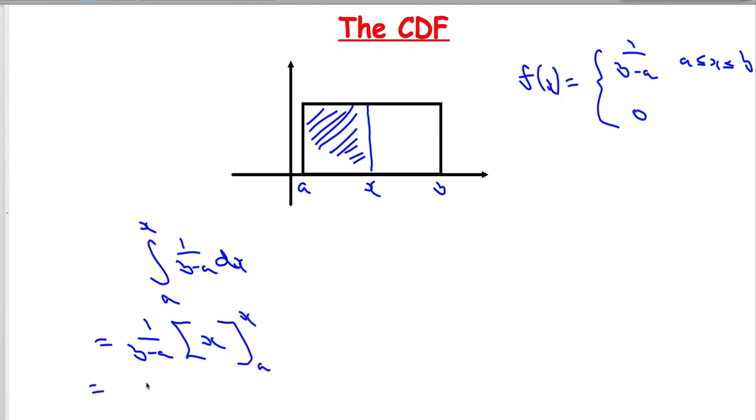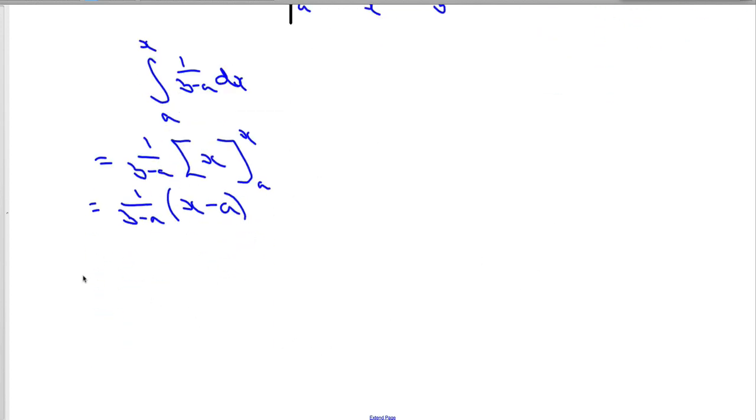So I get 1 over b minus a times x minus a, and multiplying that out, we get x minus a over b minus a is going to be the function.